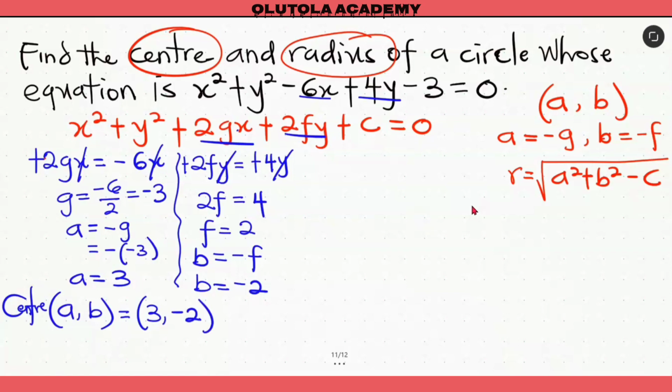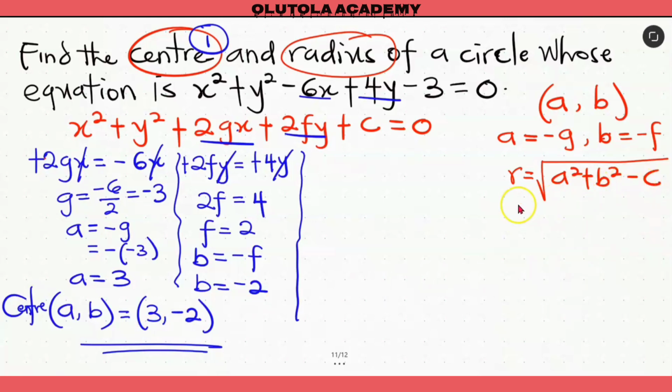So next, I've gotten one part of the question. Now to get the radius, I'm going to use this formula here. I have a already, a is 3. I have b to be negative 2.